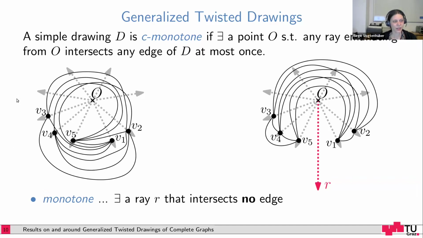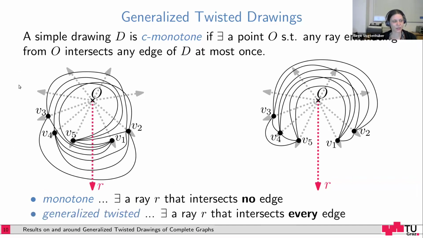And the one on the left is an instance of our generalized twisted drawings. Those have the property that there exists some ray that intersects every edge of the drawing. So somewhat the contrary of monotone drawings.